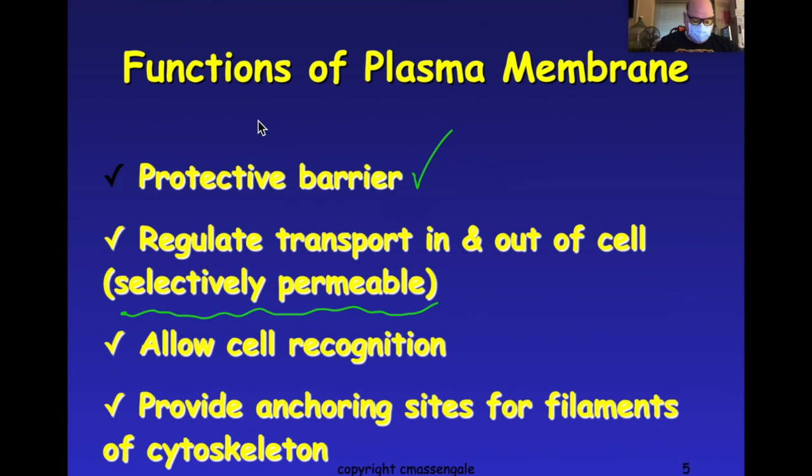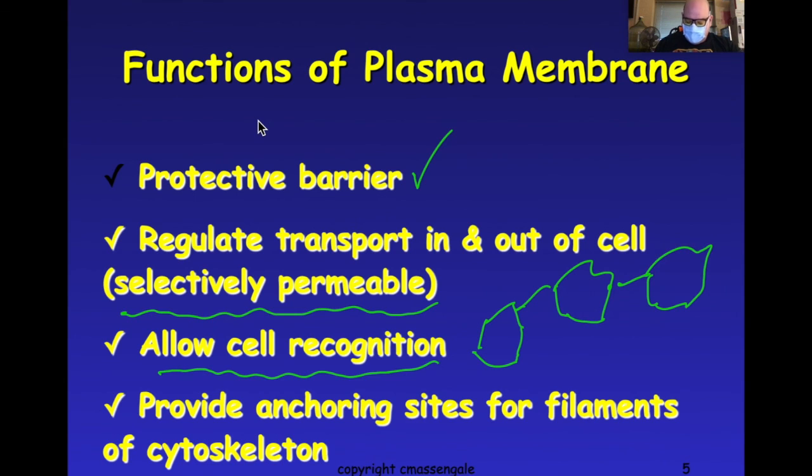The other thing the membrane does, there are little carbohydrate, and they kind of look like this. They'll be like little chains of sugars on the surface of the cell, and those allow other cells in your immune system especially to recognize that that cell is part of your body.